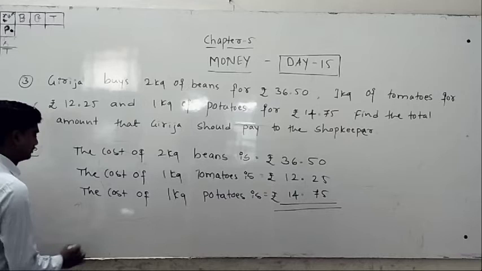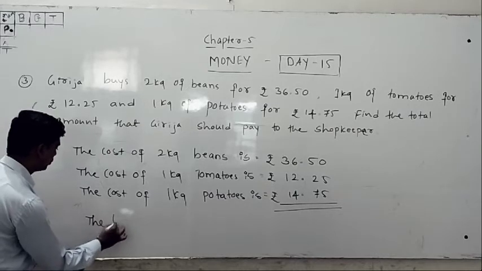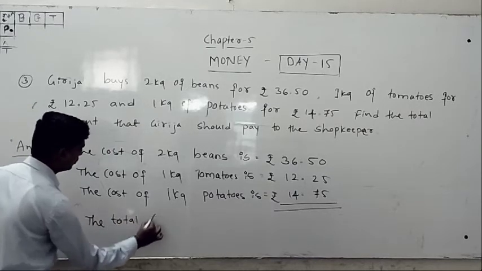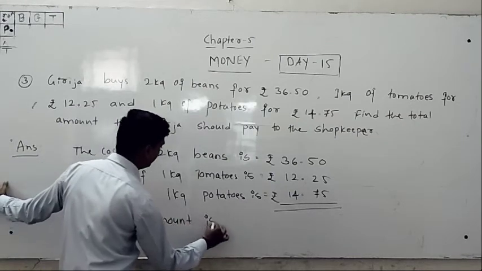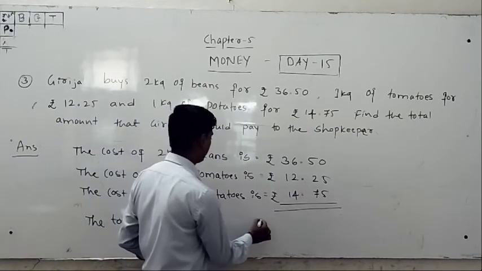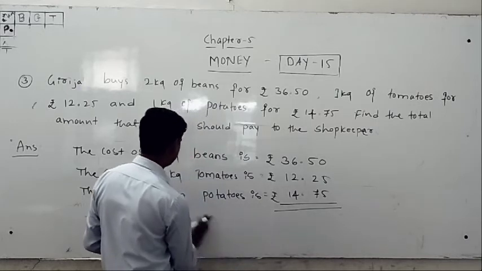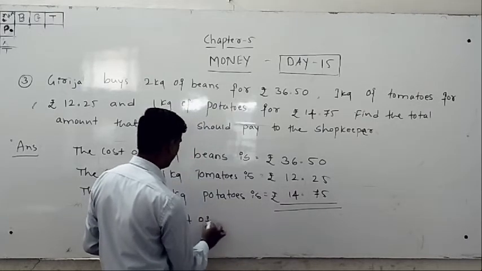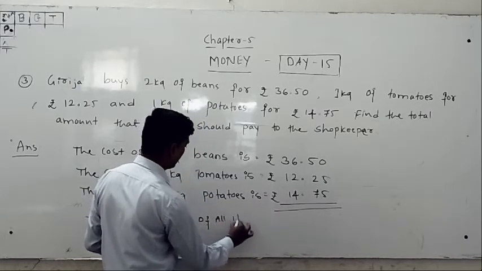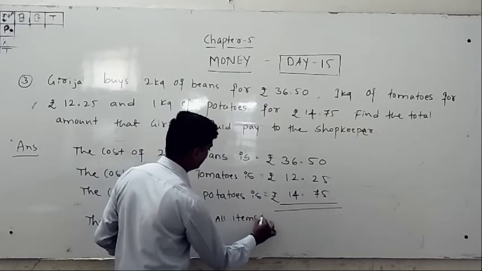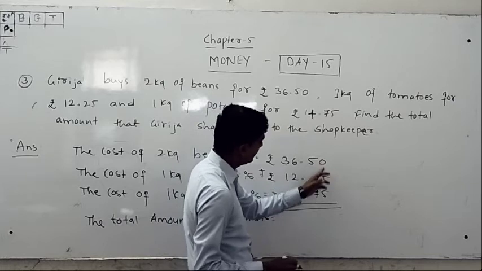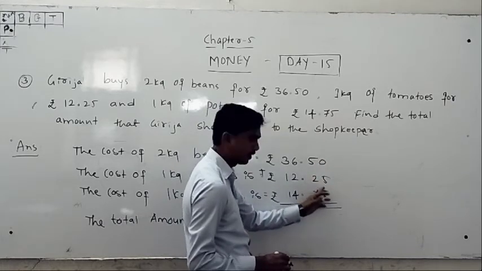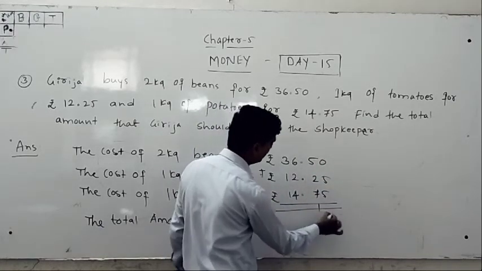Then the total amount of all items, you have to add it. 0 plus 5 plus 5 10.